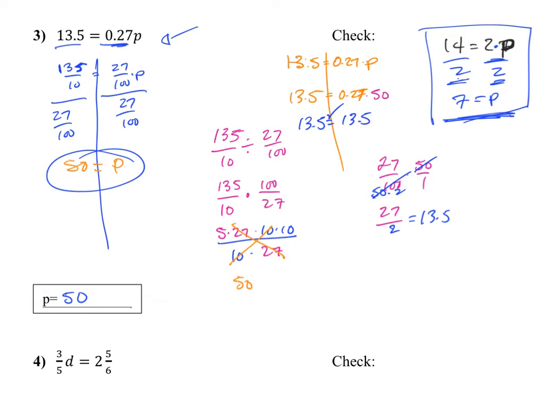If you're confused with how to make them a fraction, then we probably need to talk about that a bit. But come see me. It looks scary because of the fractions, but we're going to do the same thing every time. We're going to undo whatever's happening to the variable.